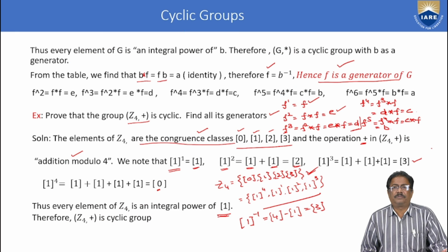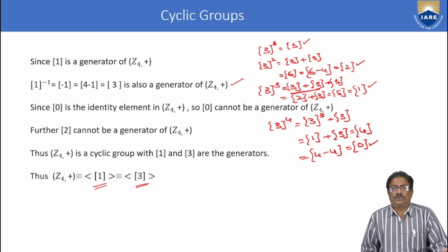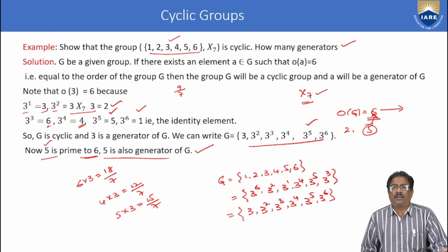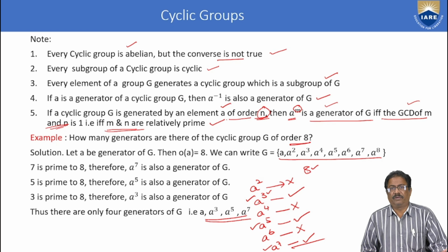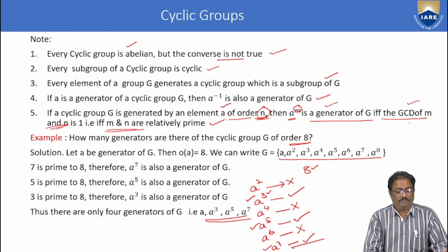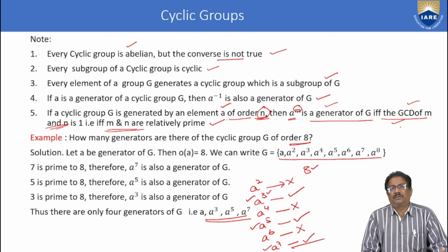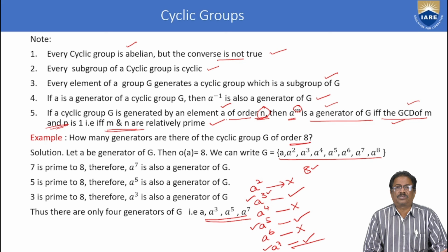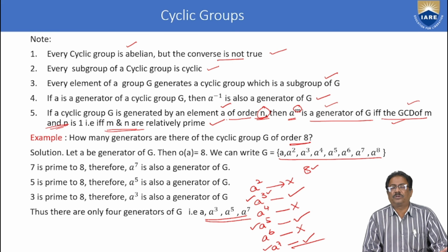Now, another one is if the order is given. Completely it is based on the fifth node. Some of the theorems are not in our syllabus, so I am just highlighting those things, using those concepts, and I am going to skip the proof.